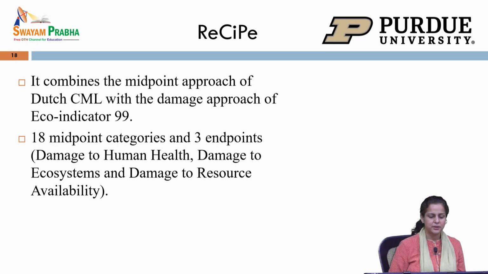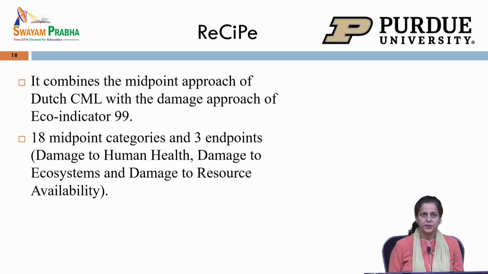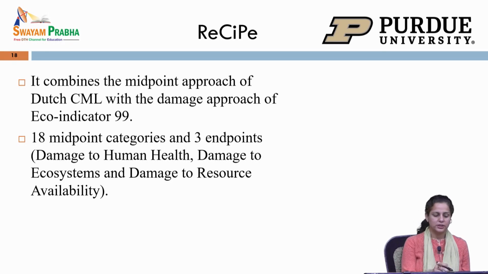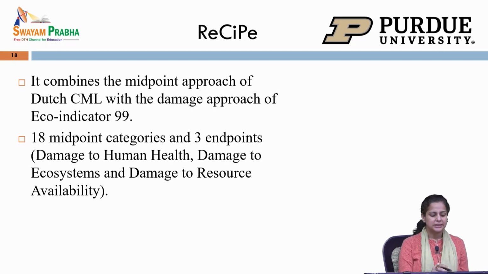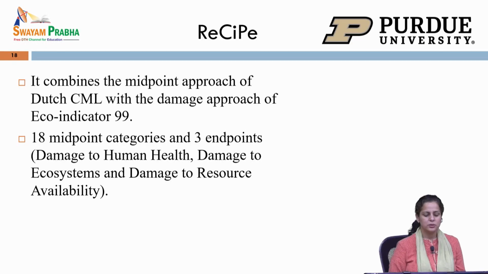Then we have the Recipe. Recipe is more hybrid. It combines the midpoint approach of the Dutch CML 2002 with the damage indicator approach of Eco Indicator 99. It has 18 midpoint categories and 3 endpoints such as damage to human health, ecosystems and damage to resource availability.